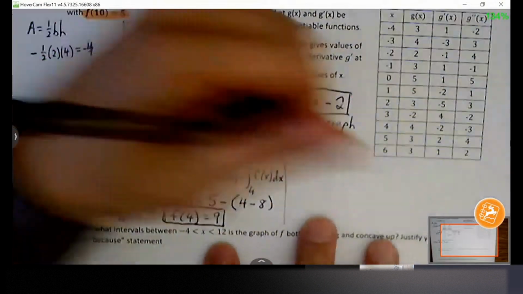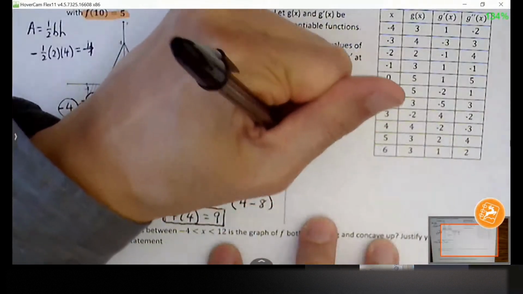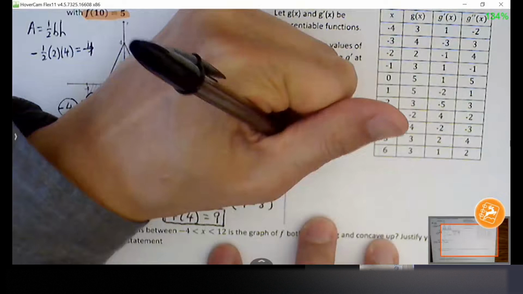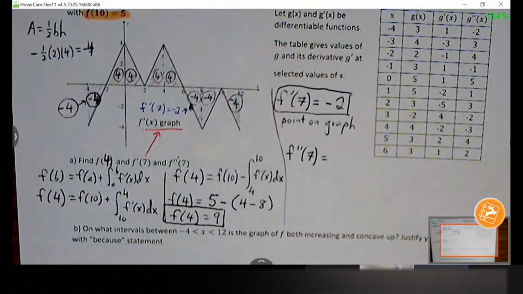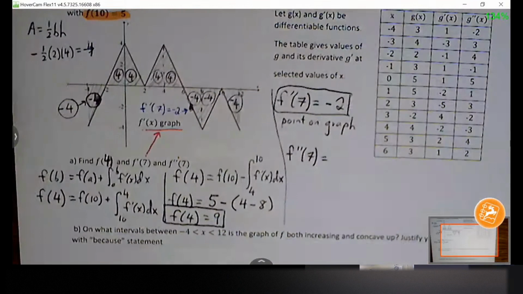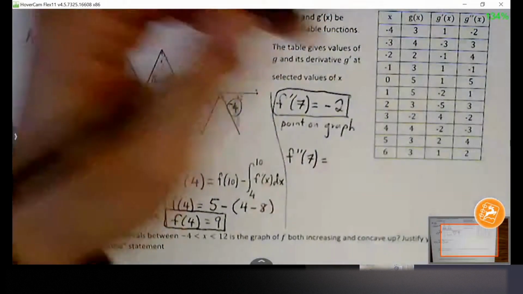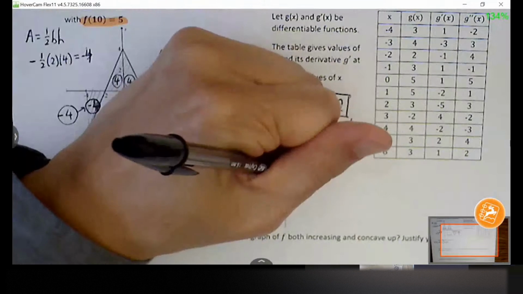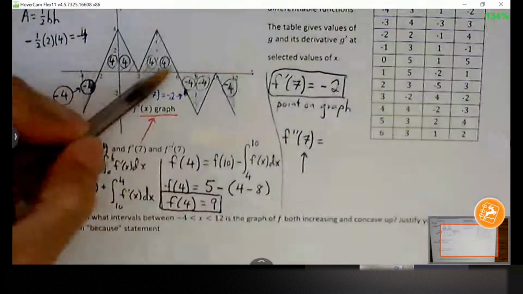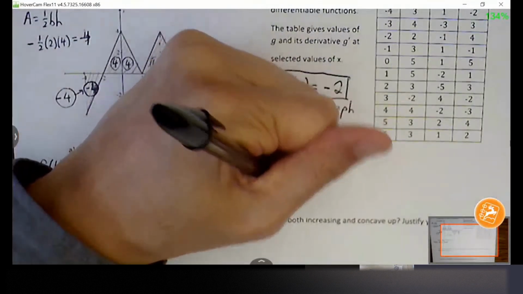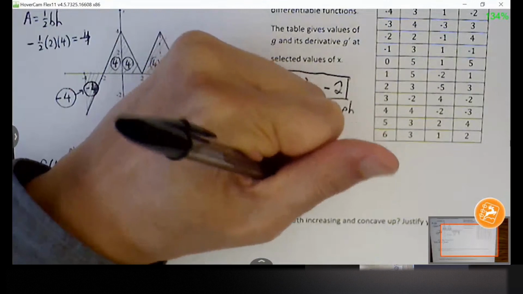All right. Next up is asking for f double prime of 7. Isn't that the slope of the f prime graph? That's right. So it's just -2, right? Yep. So if you want to use specific ordered pairs, or you can just count, either way works.